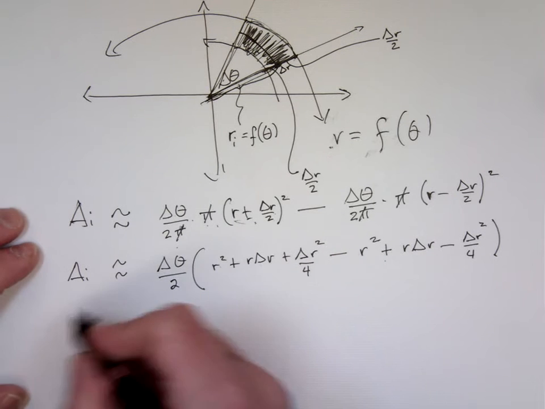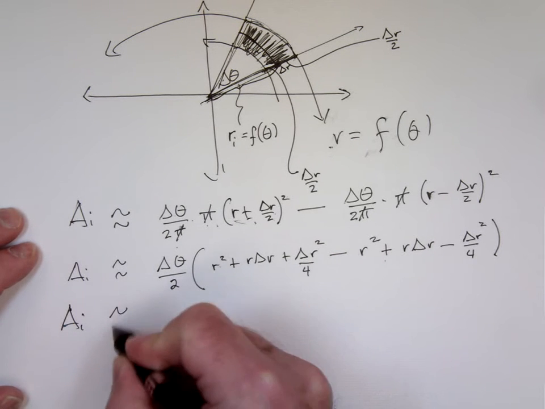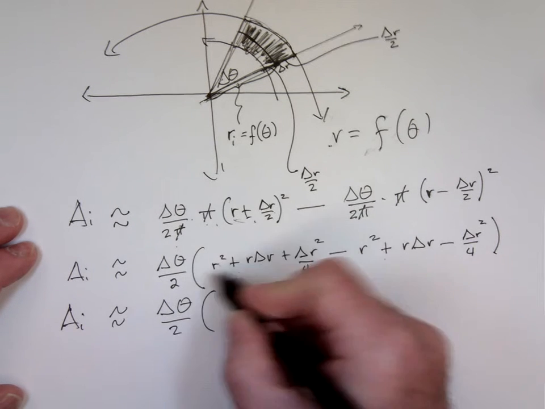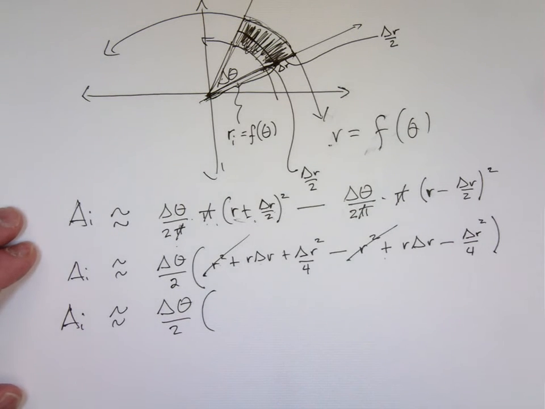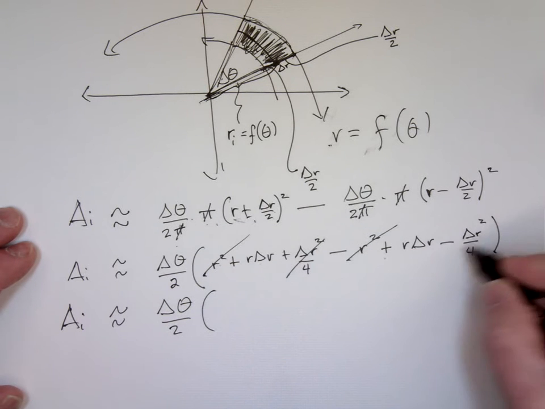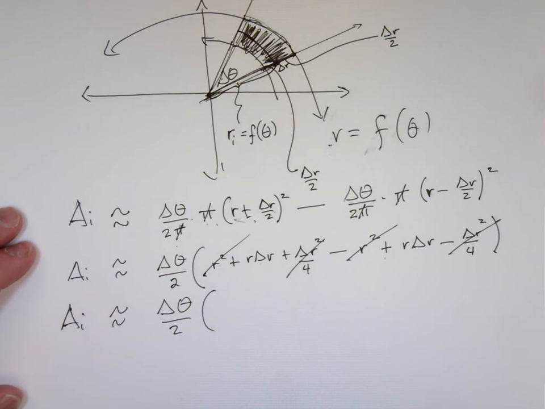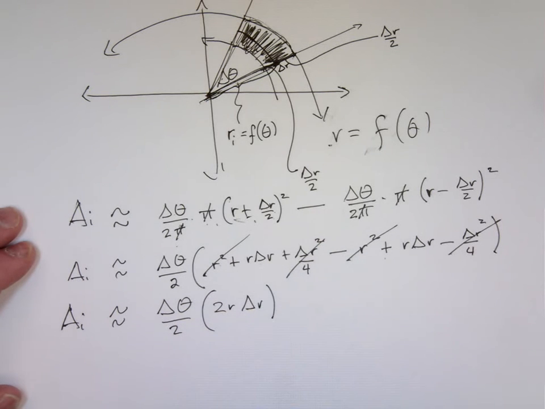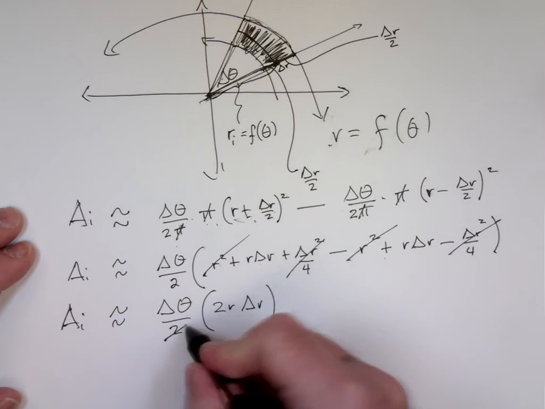That piece of area is delta theta over 2. The r squares cancel. The delta r squared over 4 cancel. I get 2r delta r. Then the 2's cancel. What do I end up with?